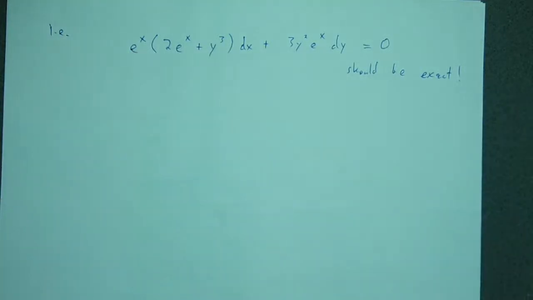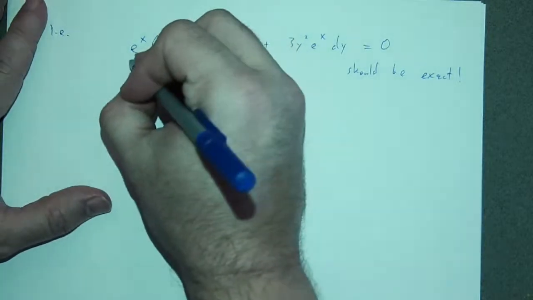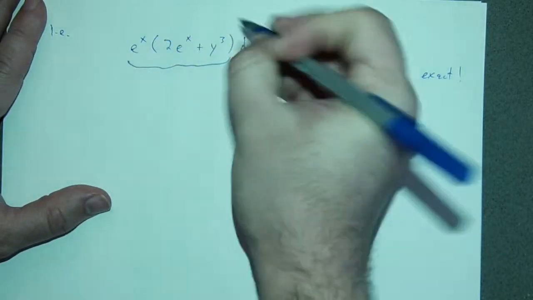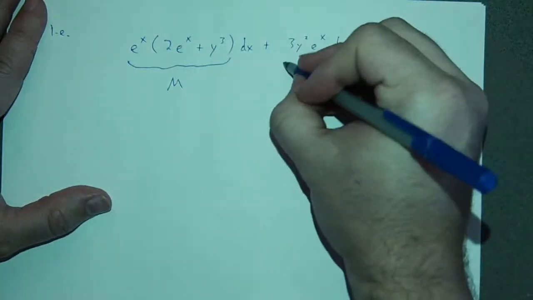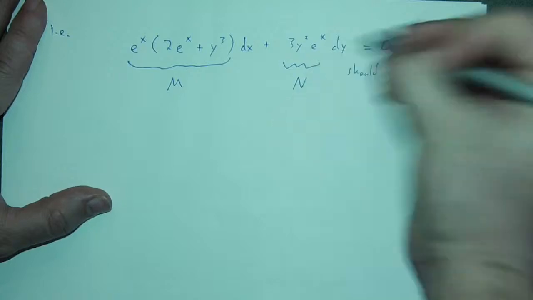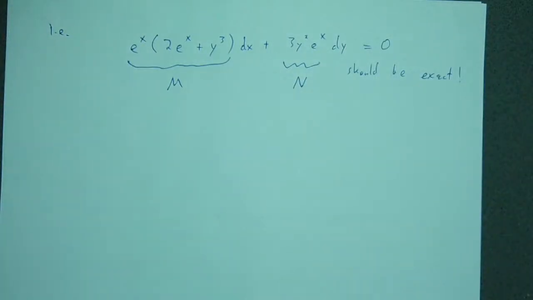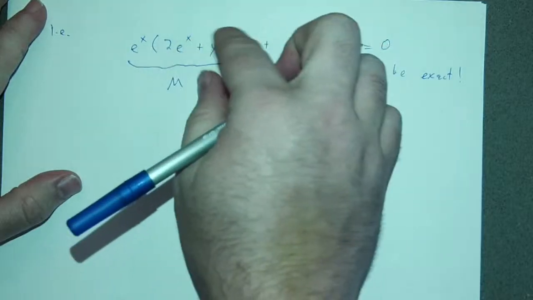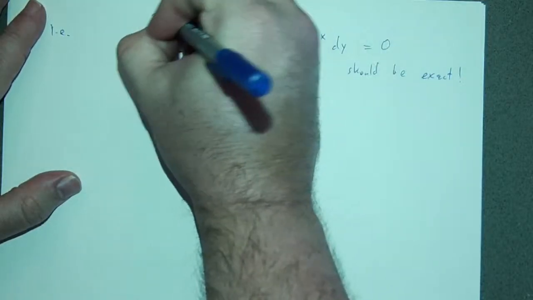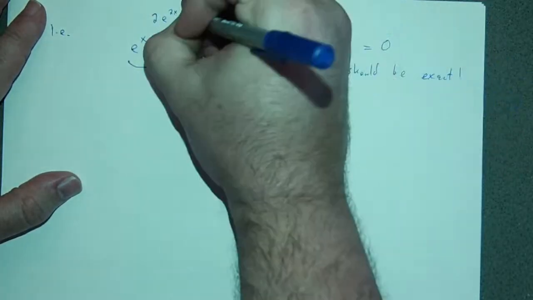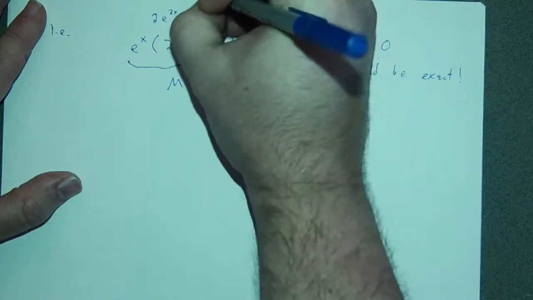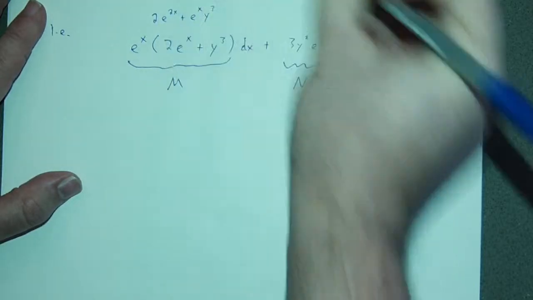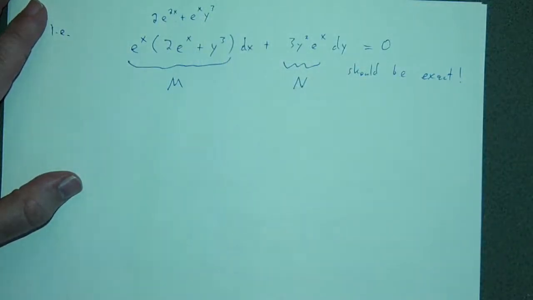So let me recalibrate here. Here's my m, here's my n. Let's check that this thing is actually exact. I'm going to distribute this, so m is 2e to the 2x plus e to the x y cubed, if I just distribute that e to the x.